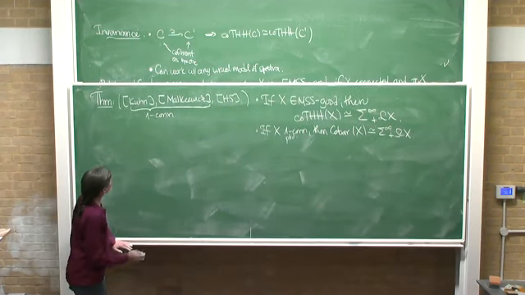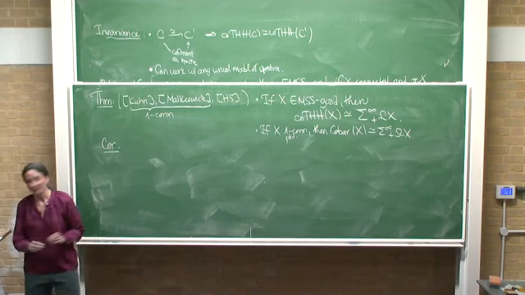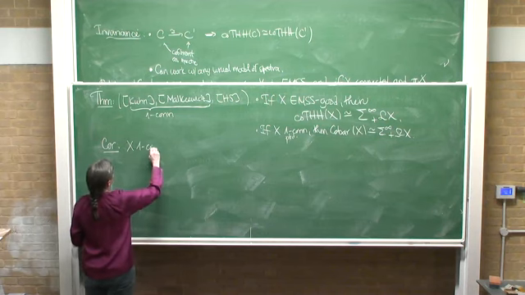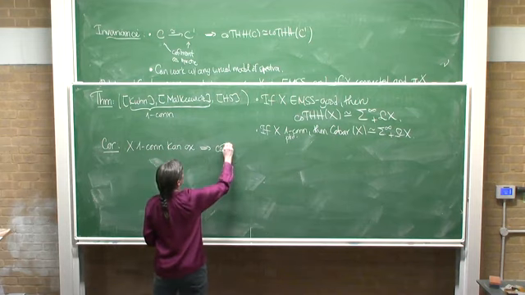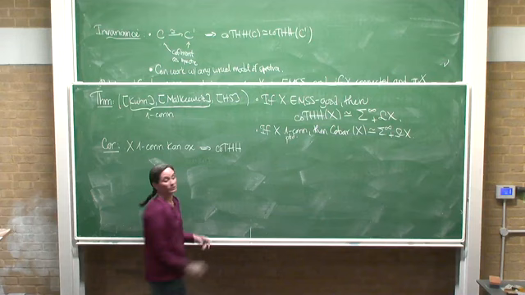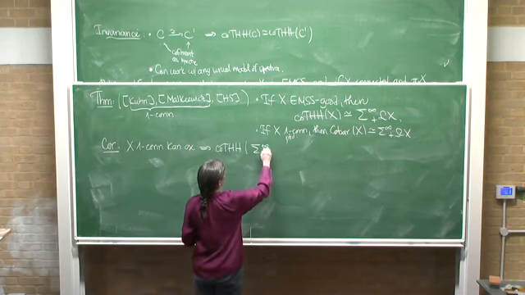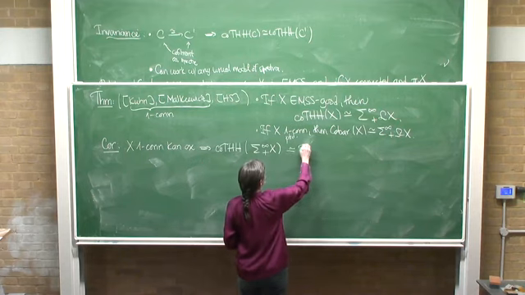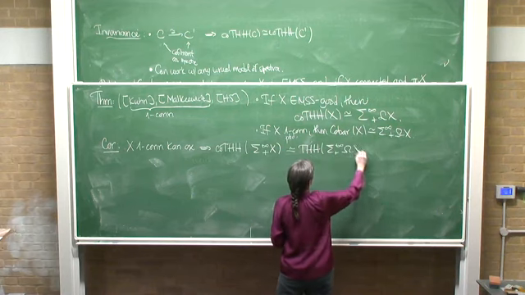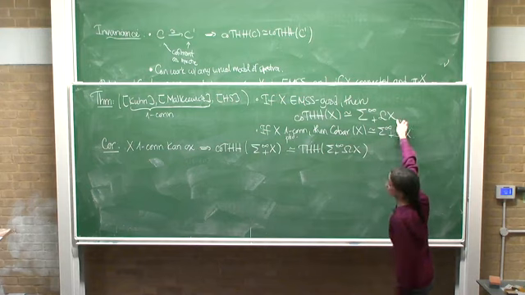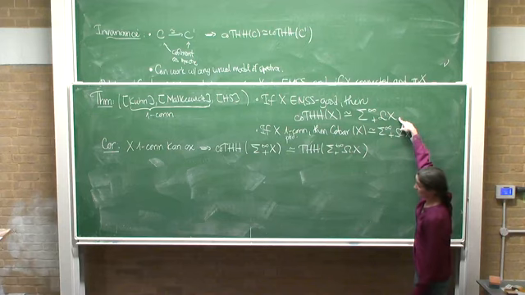As a corollary of this, we have the following result, which is that if X is a one-connected Kan complex, then we have a nice relationship between coTHH and THH. CoTHH of the suspension spectrum of X is equivalent to THH of the suspension spectrum of loops on X. And this is because it has been known for a while that THH of the based loops was the same thing as the suspension spectrum of the free loop space.